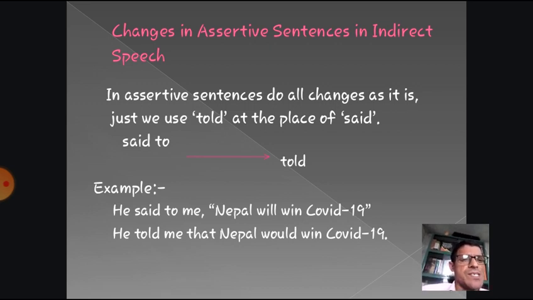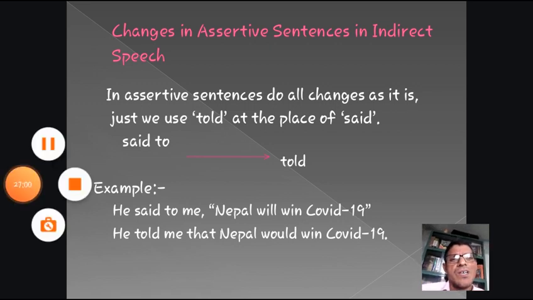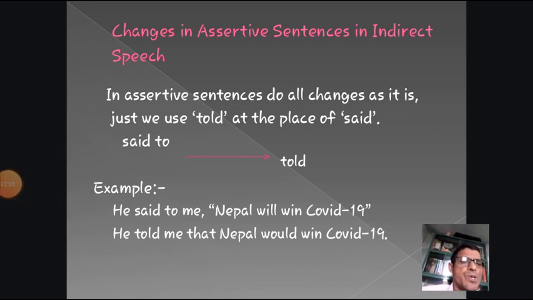If the sentence is affirmative, then you should change the given statement into affirmative form. If the sentence is in negative form, then you should change it into negative form, dear student. And I hope that you can do it yourself, because you have studied about this.